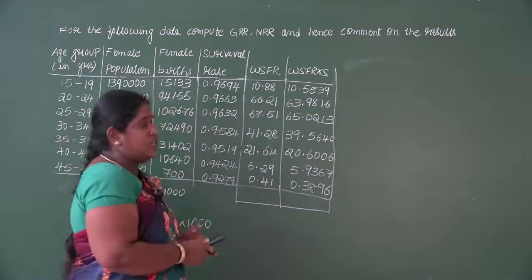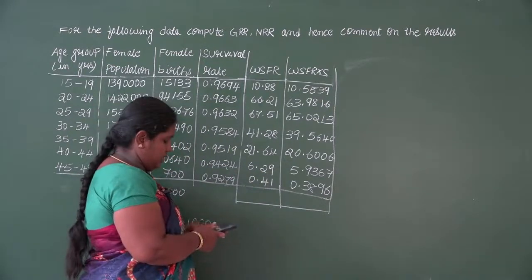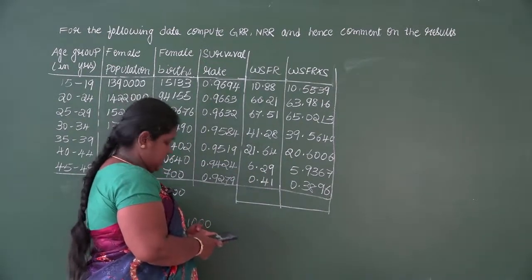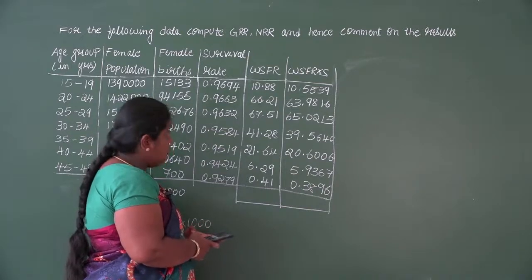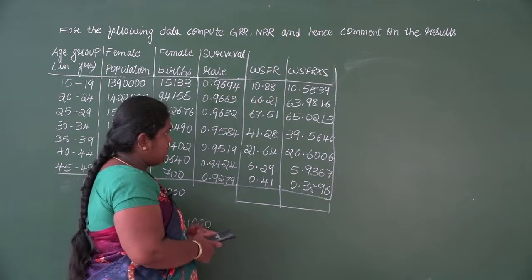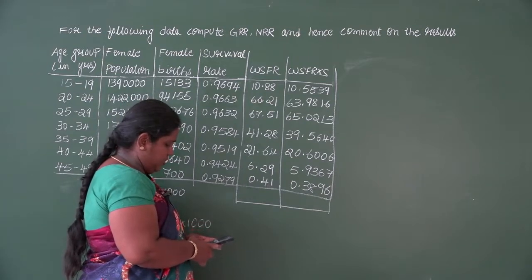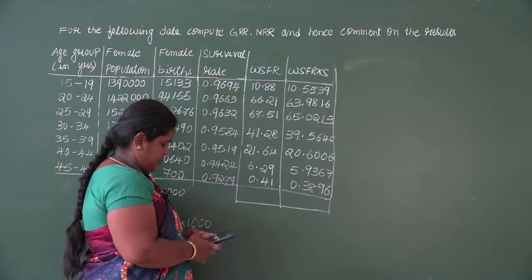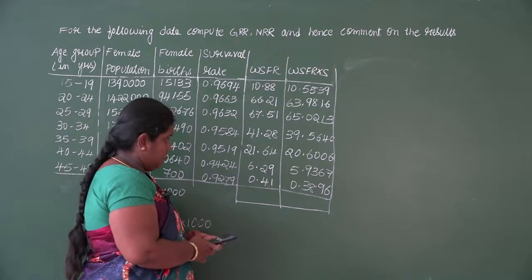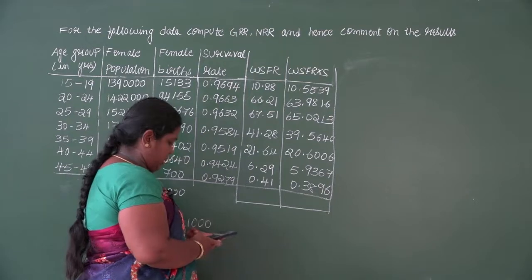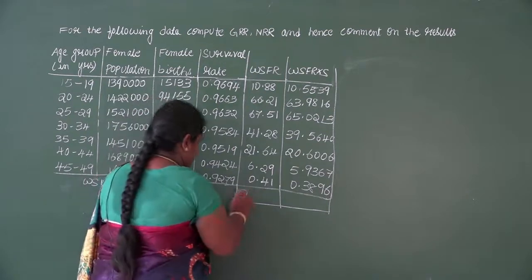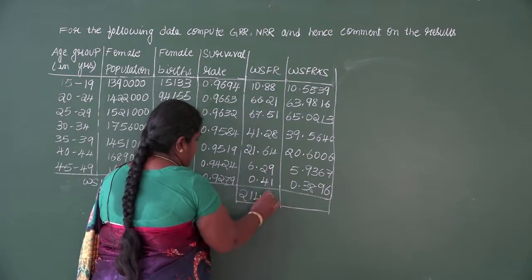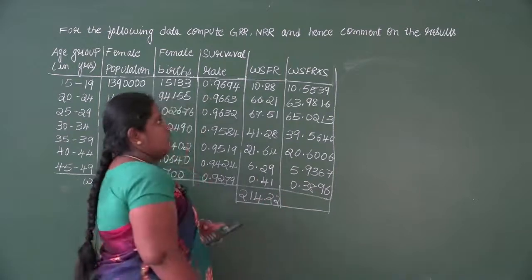First we'll add the WSFR: 10.88 plus 66.21 plus 67.51 plus 41.28 plus 21.64 plus 6.29 plus 0.41. So we'll get 214.22.